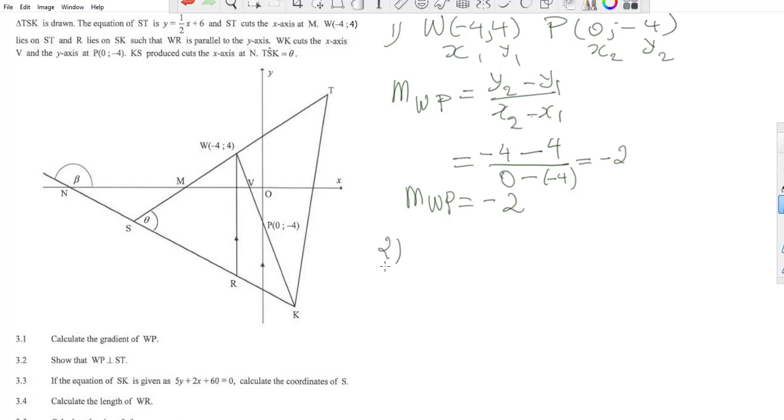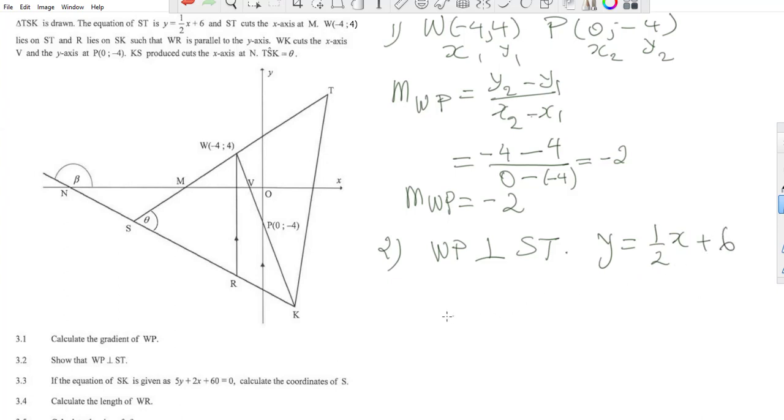Now question number 2 says, show that WP is perpendicular to ST. Now, do you have the line ST? This is the line ST, 1 over 2x plus 6.